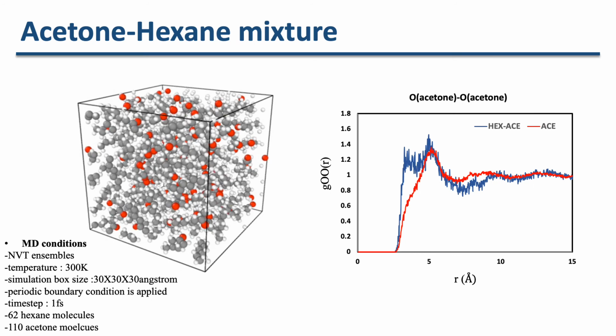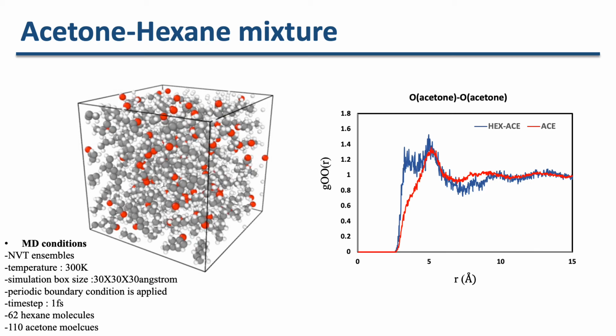And this one is the mixture of acetone and hexane, and it is based on a 1-to-1 volume ratio. And this one is the radial distribution function between the oxygen atoms from acetone.